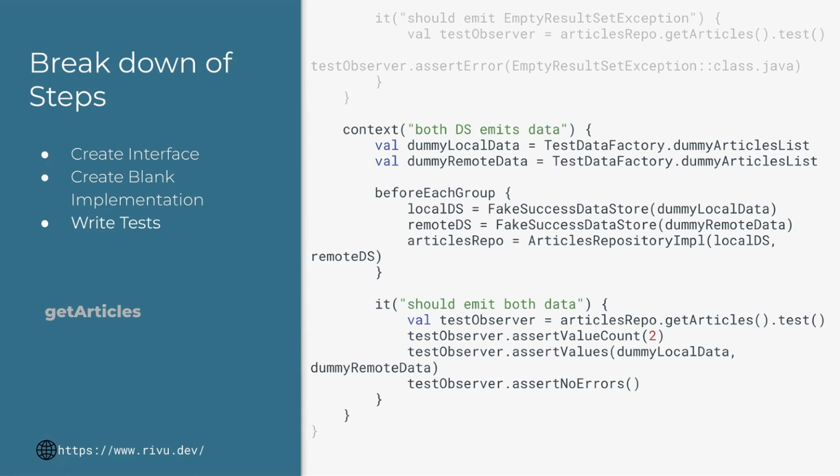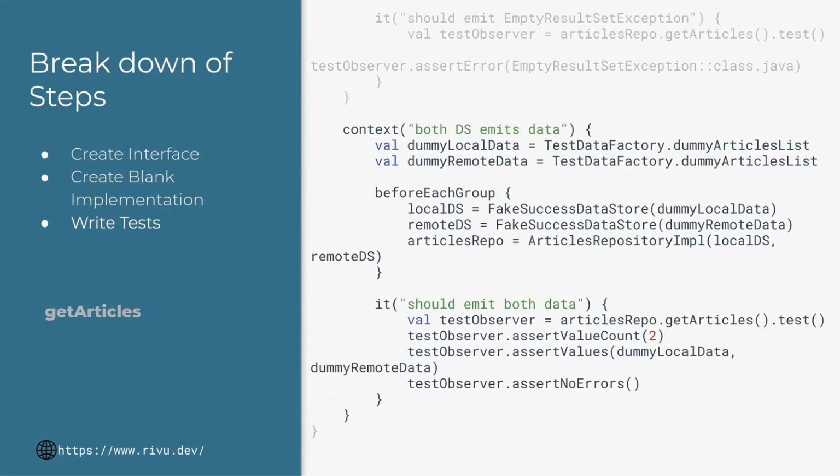Again, I am using a fake success data store here for both the implementations. I am creating the repository instance, and then I am again calling the same method, getArticles, repo.getArticles.test. Here, instead of asserting an error, I am asserting that there were two emissions, or two values that were emitted. And then I am asserting the values as well.